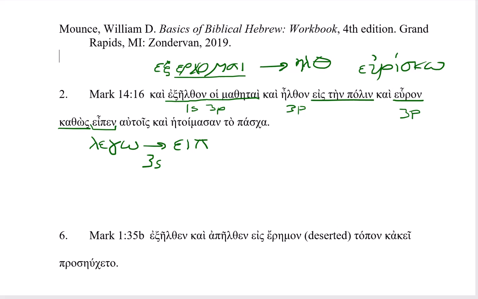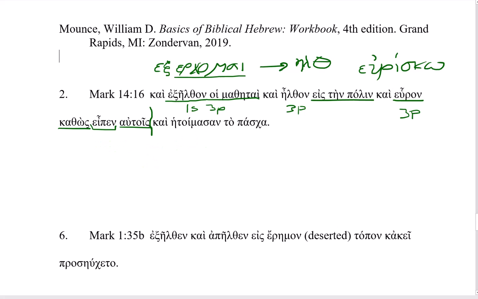So as he said, and then autois, to them. Nice dative personal pronoun there. So he said to them, and this is the end of what you see in your workbook, but I added the rest of the verse because we have a nice first aorist verb in here. Kai hetoimasan to pascha.